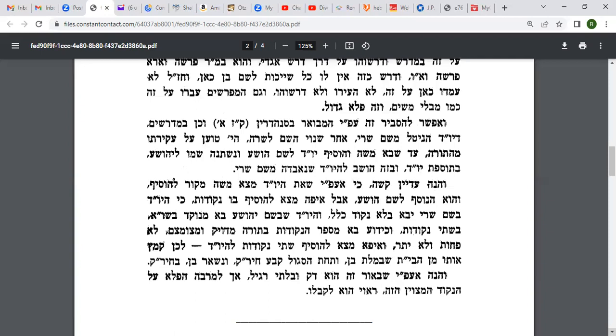Lo pachos v'lo yaser. You can't have any less, you can't have any more. Where did Moshe find the authority? Where did he find permission to take those two nekudos of the Shva and add them to the Yud? I get you found the Yud, good. But where did you get those nekudos, those two dots to make the Shva?